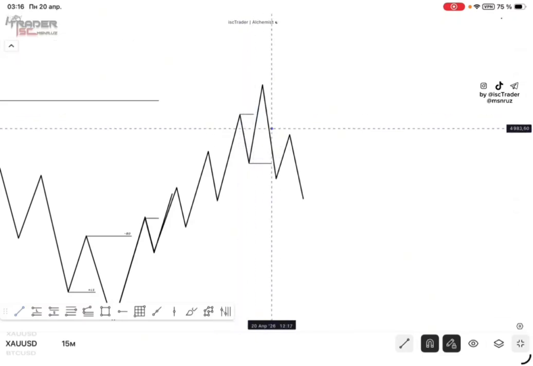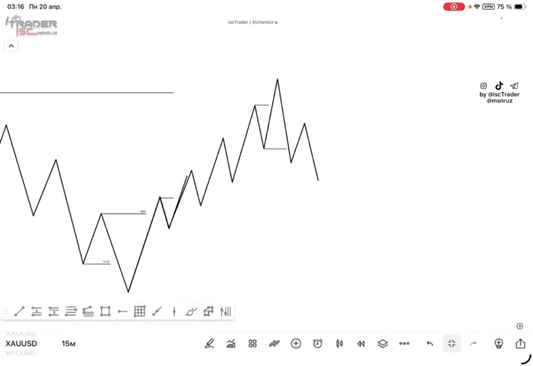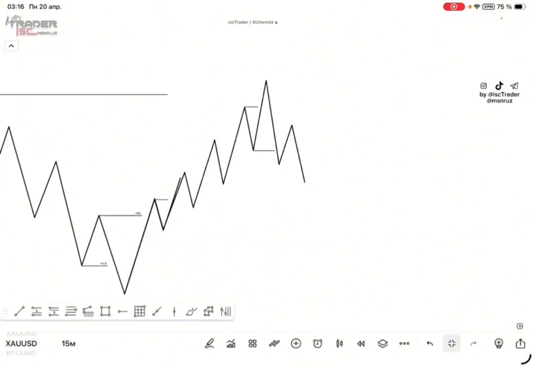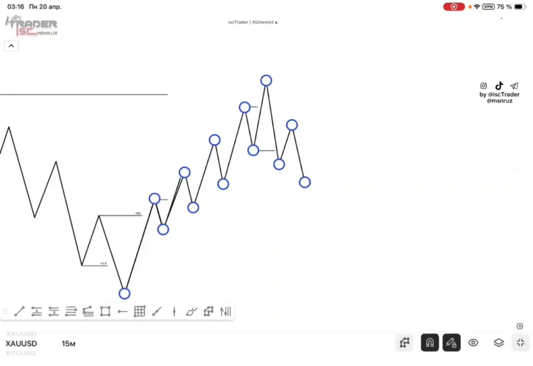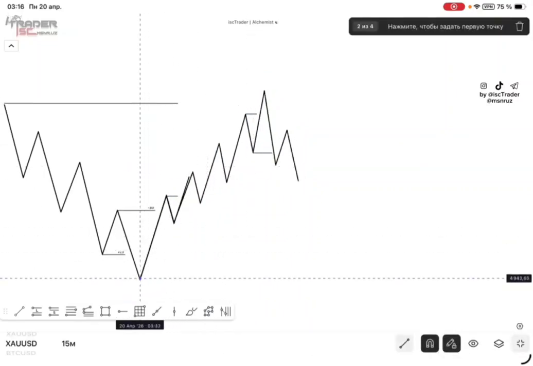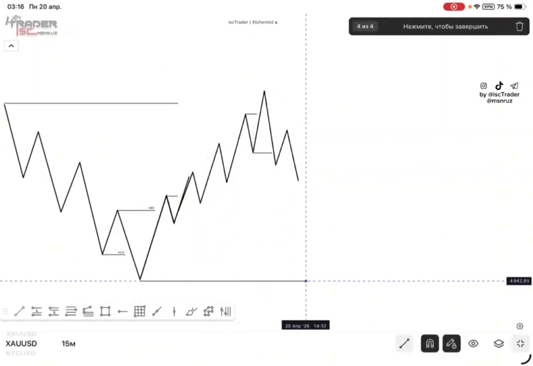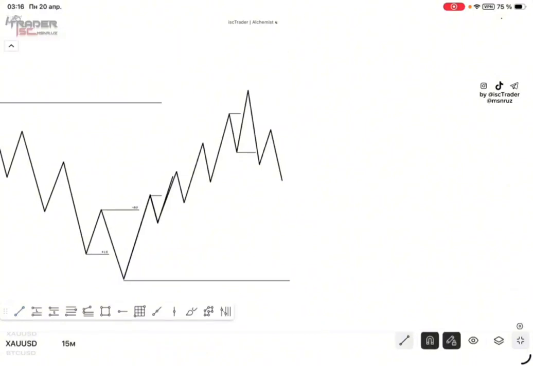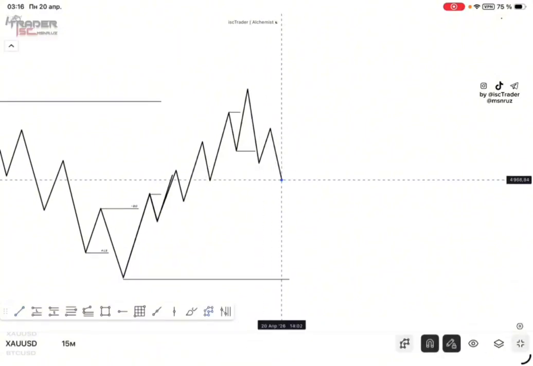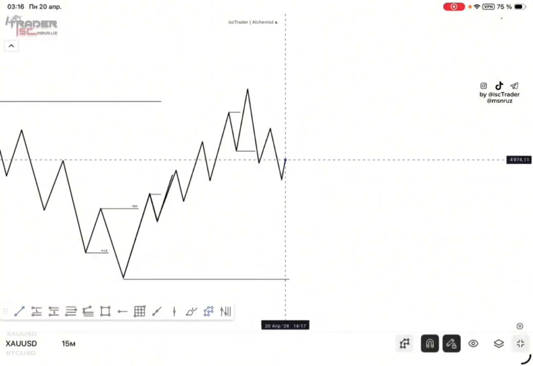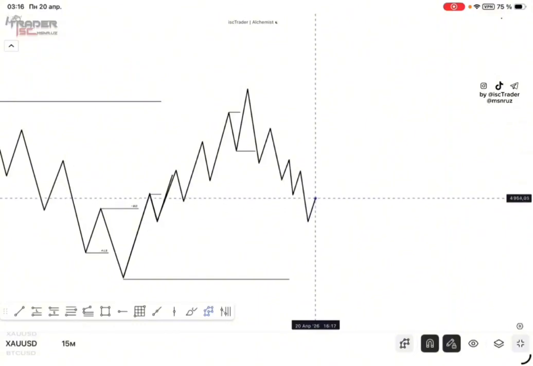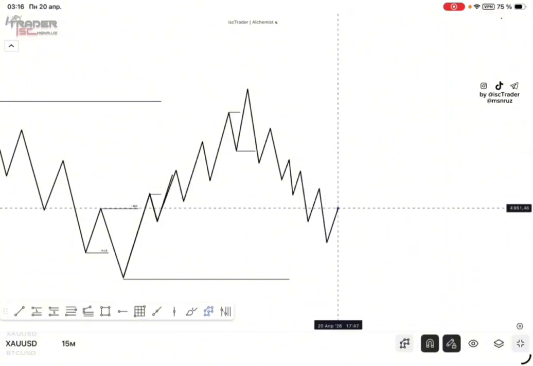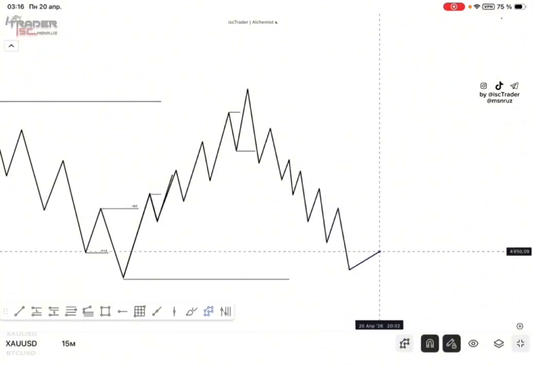Liquidity sweep. Okay. And the market continues on its path. This will also turn into external range liquidity as well. Lower high, lower low, lower high, lower low, lower high, lower low, lower high, lower low.